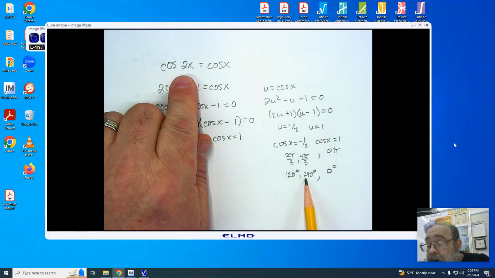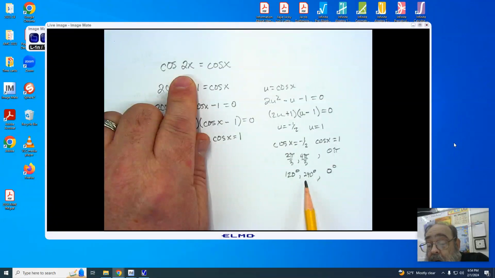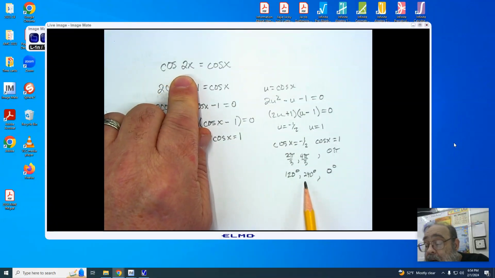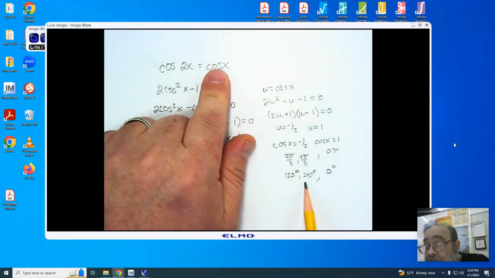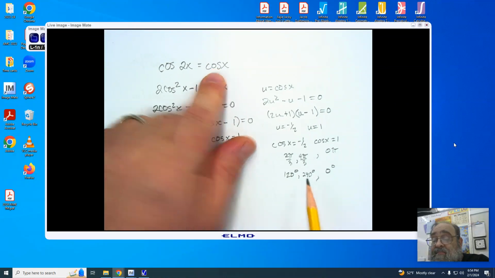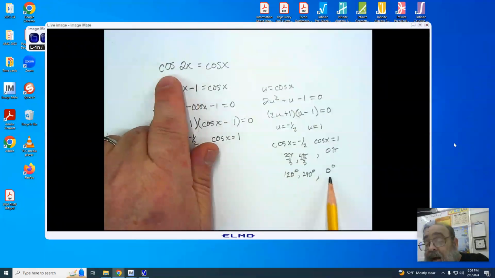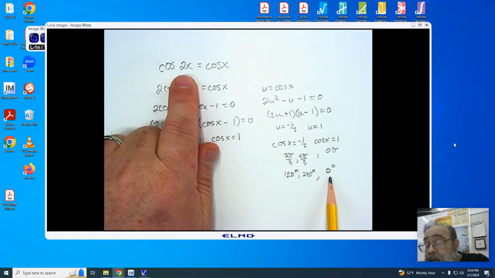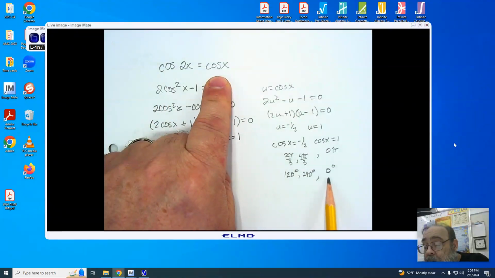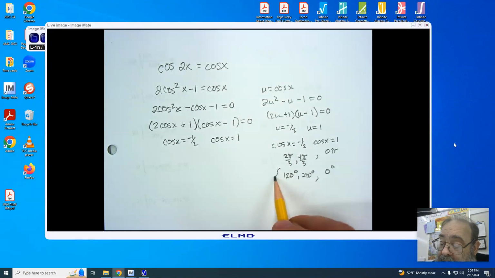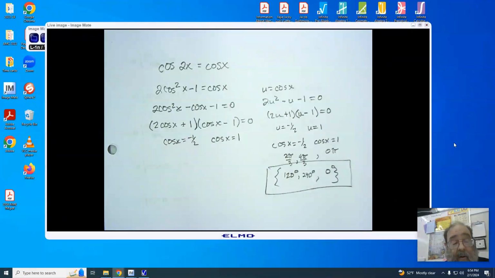If I put 240 degrees in, that's going to give me 480 degrees minus 360 degrees is 120, which is also the negative 1/2. When I put in 240 here, I get negative 1/2 as well, and it's the same. If I plug in 0, I get cosine of 0, which is 1, and I put the cosine of 0, which is 1. So all three are correct solutions, and I have found my answer.